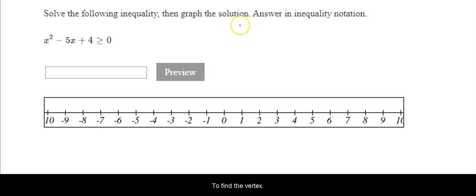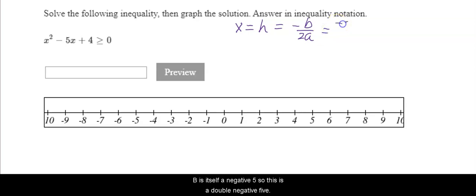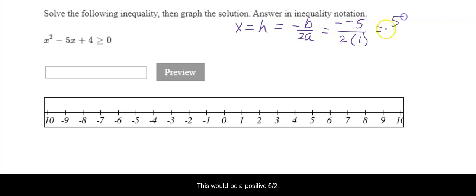To find the vertex, you could use the formula that the h value at the vertex is given by negative b over 2a. b is itself a negative 5, so this is a double negative 5 over 2 times a, which is 1. This would be at positive 5/2.